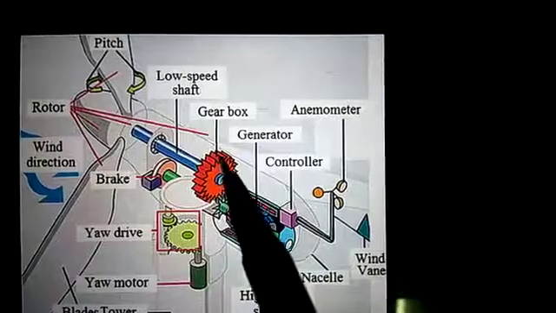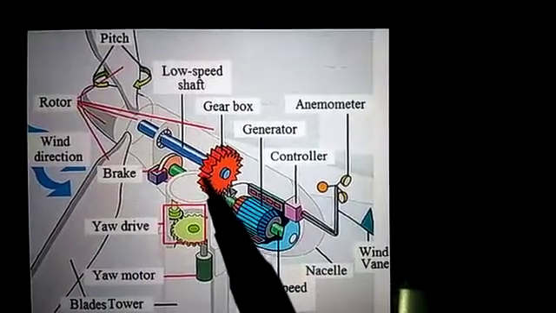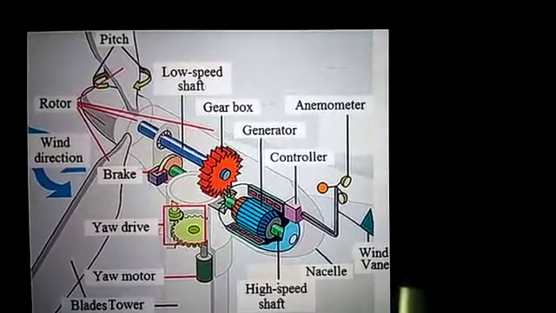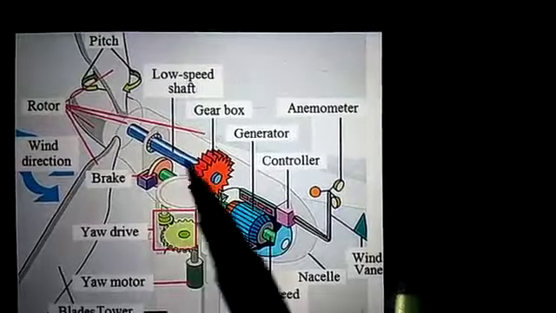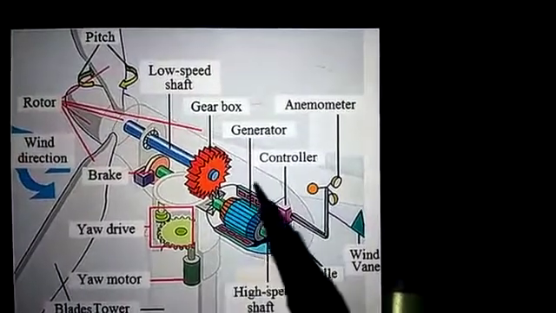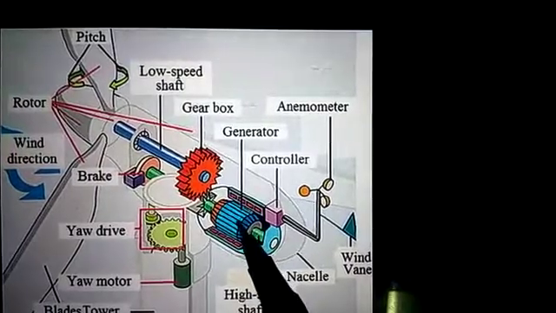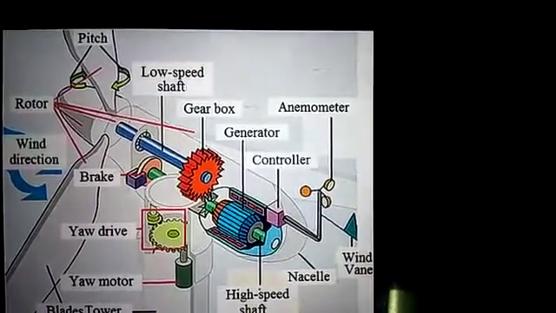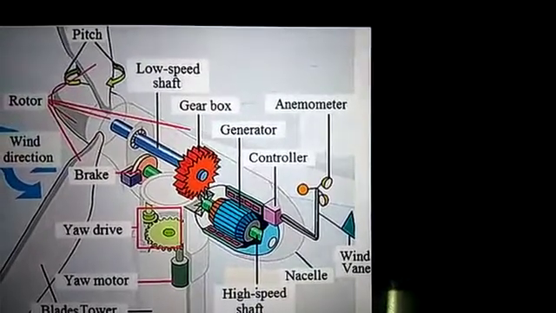Now gearbox. This is the gearbox. The gearbox works by increasing the speed from the low speed shaft to the high speed shaft. And we have to go to the generator. This is the generator. The generator converts mechanical energy to electrical energy.